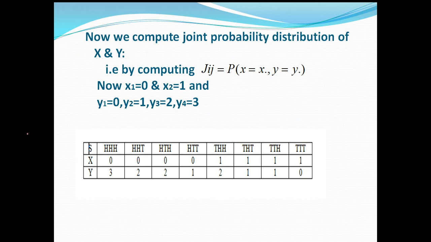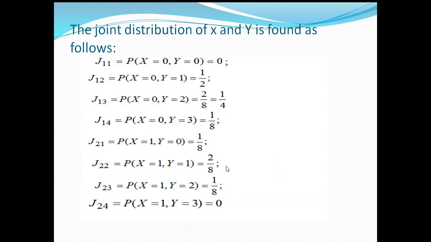Now we compute the joint probability distribution of x and y. That is, by computing j_ij equal to p of x takes the value xi and y takes the value yj. Here x takes the values 0 and 1.